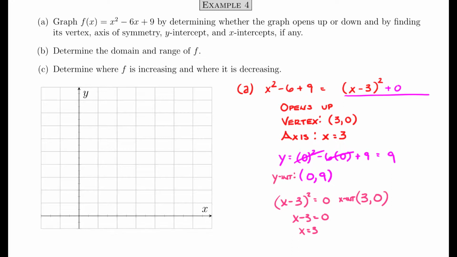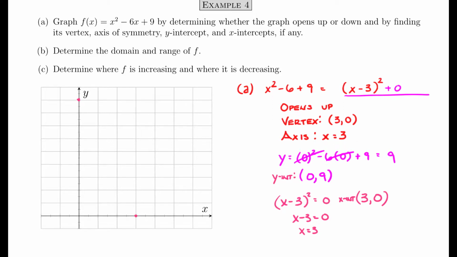The vertex is at 3, 0. It has a y-intercept of 0, 9. So 1, 2, 3, 4, 5, 6, 7, 8, 9. And we also have an x-intercept of 3, 0, which is our vertex as well, so we don't have anything there.